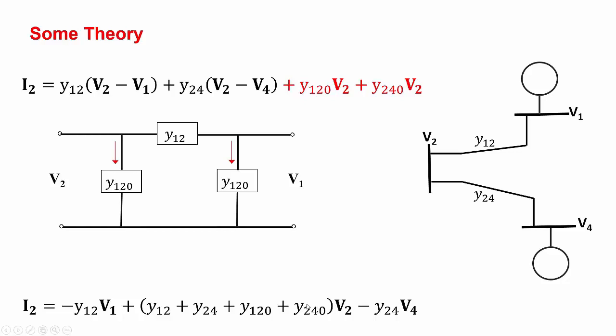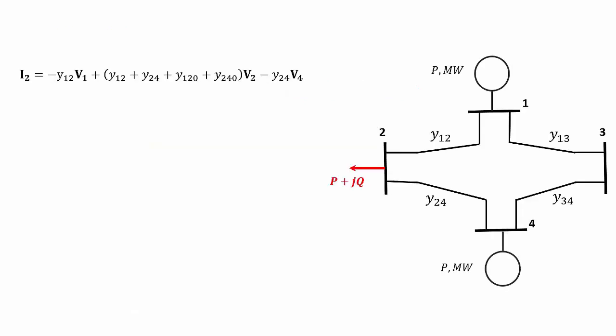And then it's minus V4 multiplied by Y24, minus this.